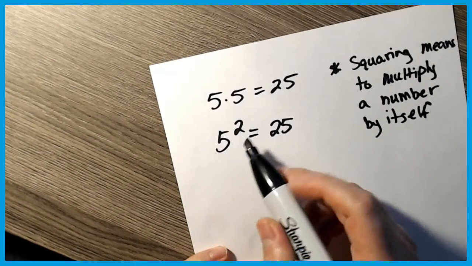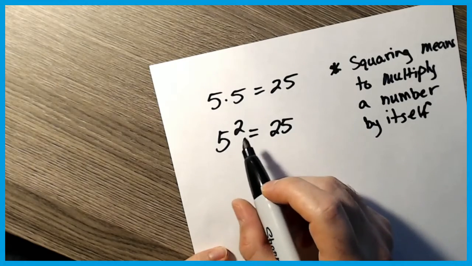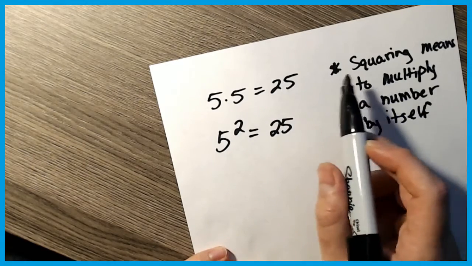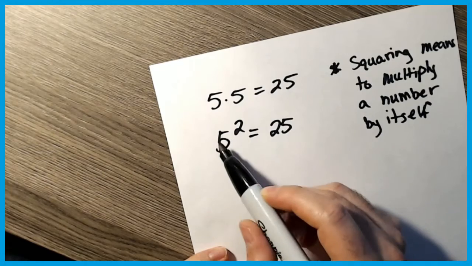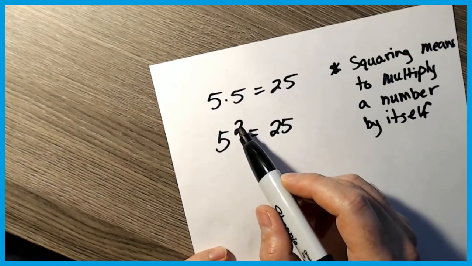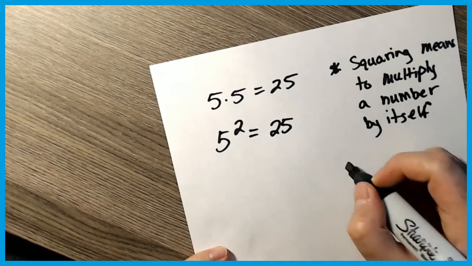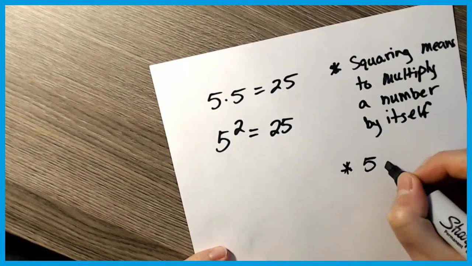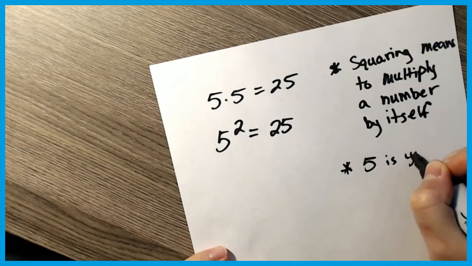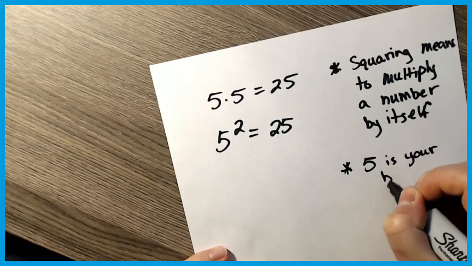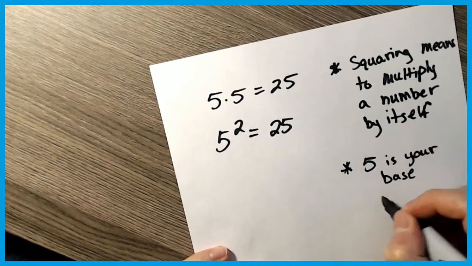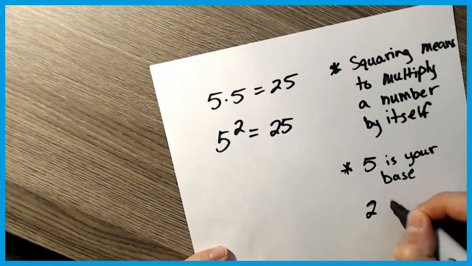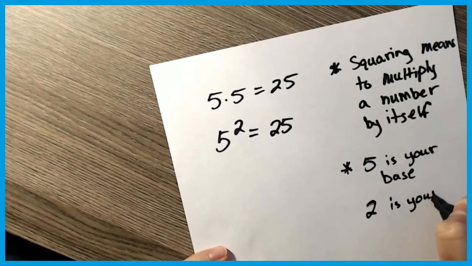This example here introduces the idea of exponents, though. So whenever we say squaring, multiplying a number by itself, it turns out that exponents actually tell us to do that as well. So like in this case, 5 is your base, and 2 is your exponent.